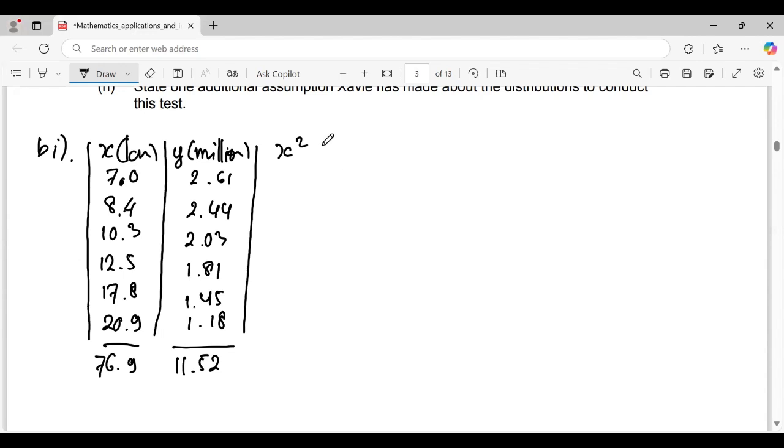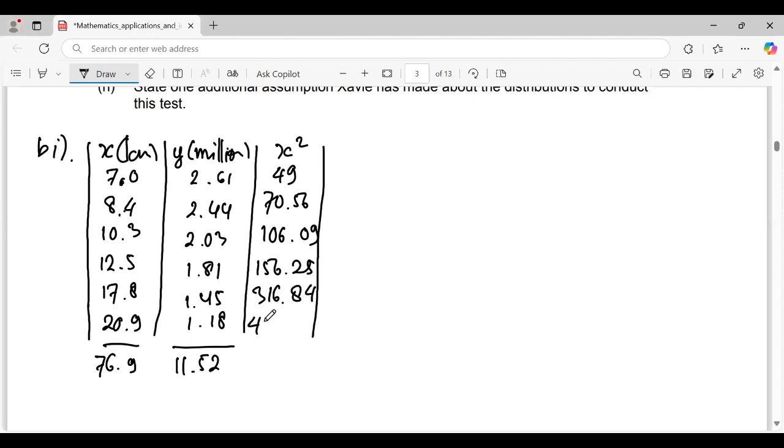After that, x squared, this data squared: 49, 70.56, 106.09, 156.25, 316.84, 436.81.